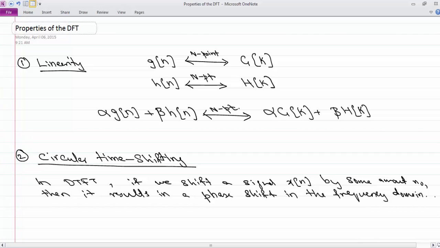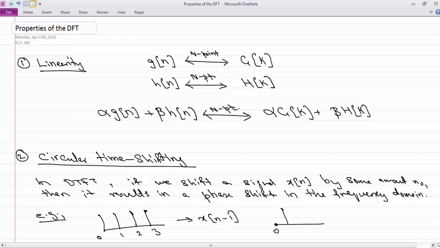Why? Because if you do a time shift, in the language of DFT, we learned about the concept of length. You are changing the length of the signal. For example, if I have a length 4 signal, so I have n equal to 0, 1, 2, 3, and I say, well, let's compute x of n minus 1.